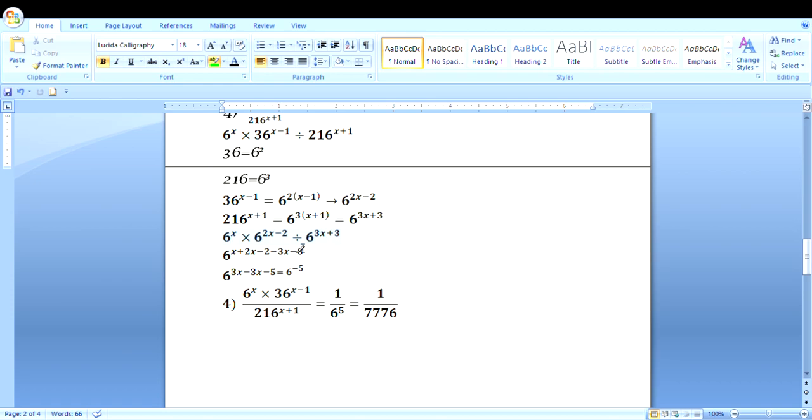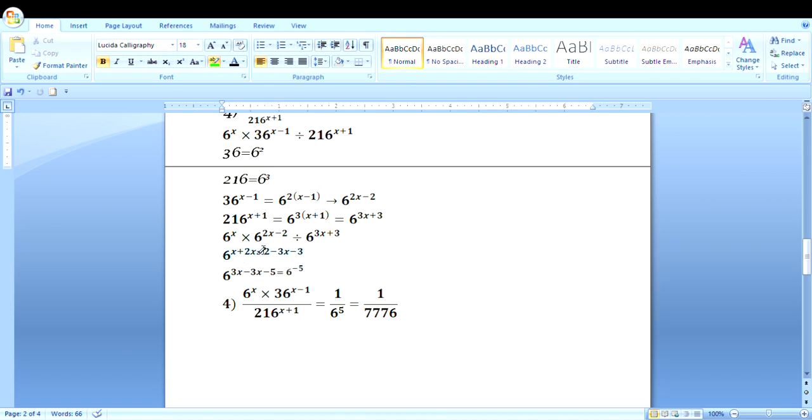For multiplication it is addition. So 6 raised to power x plus 2x minus 2, which is this. For this division, the sign changes to minus, and the minus will have to affect the whole of this power. This becomes minus 3x minus 3.